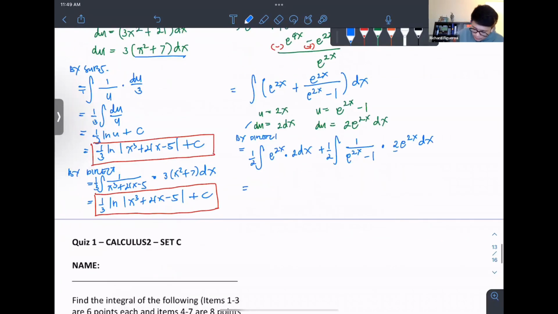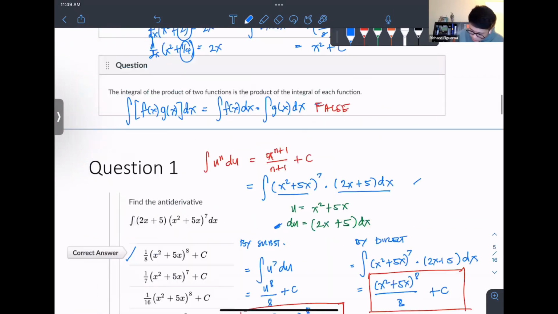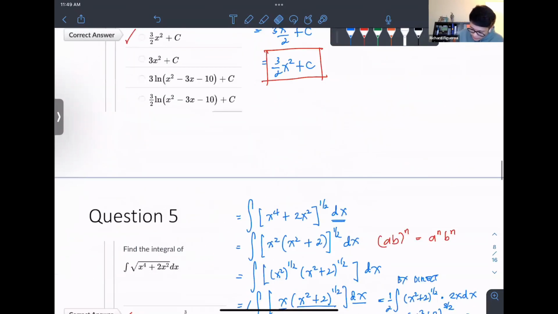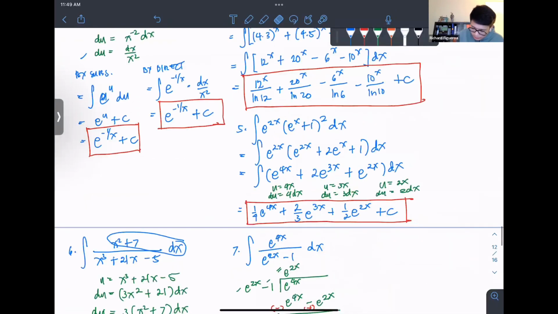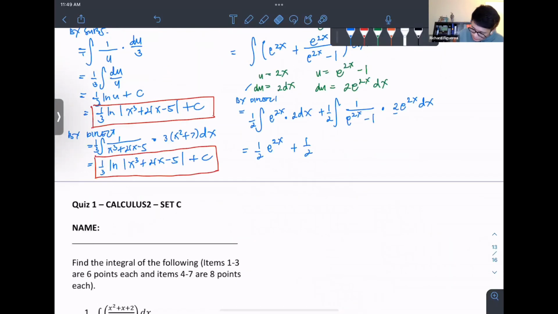So our answer then would be 1/2 the integral of e raised to 2x, it's just e to the u, so e raised to 2x. And plus 1/2, so this one would be logarithm. So 1/2 ln of e raised to 2x minus 1 plus c.